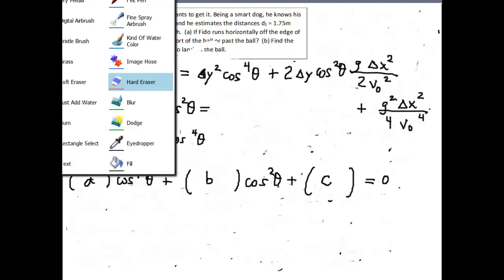Remember the general form for the quadratic equation is a x squared plus b x plus c equals 0. And so I have exactly the same thing here, except instead of x squared, I've got cosine to the fourth. Instead of x, I get cosine squared. Remember that the solution, when you solve the quadratic formula, x is what you're solving for.